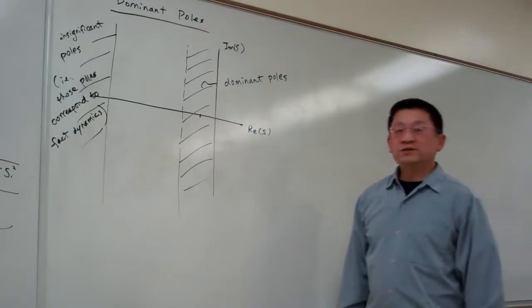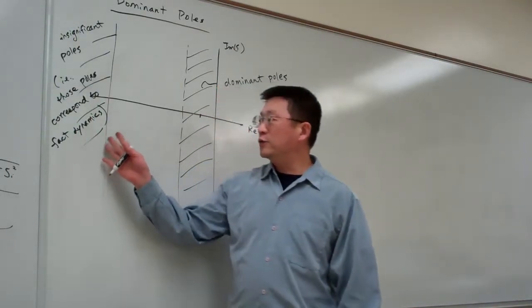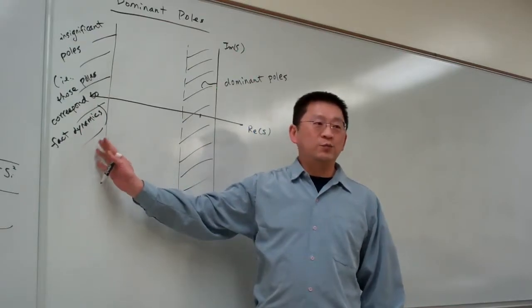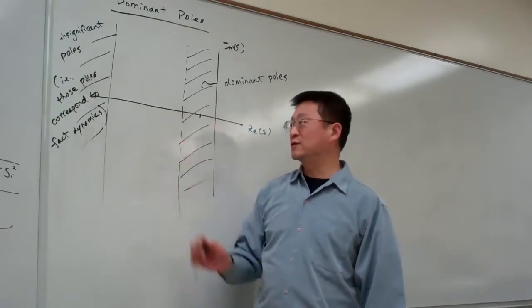So under which situations might we be able to ignore those things, which means approximate those dynamics as equal to 0 without influencing the result?